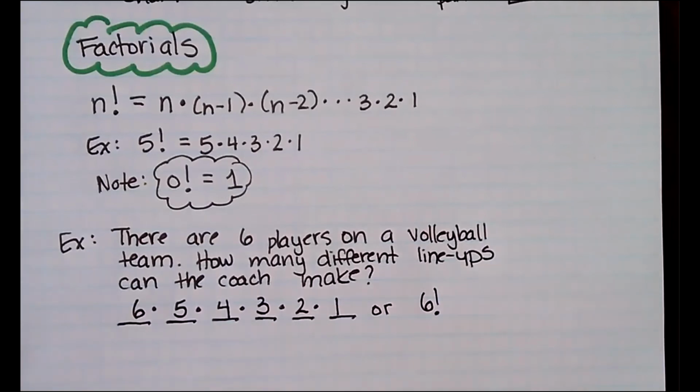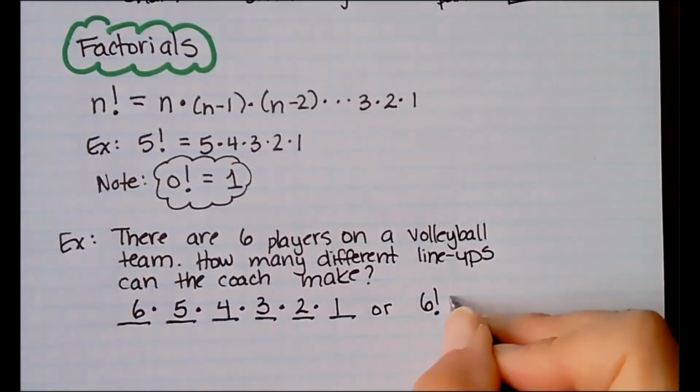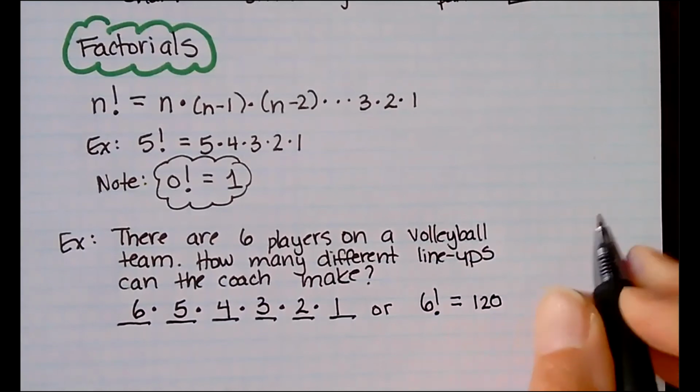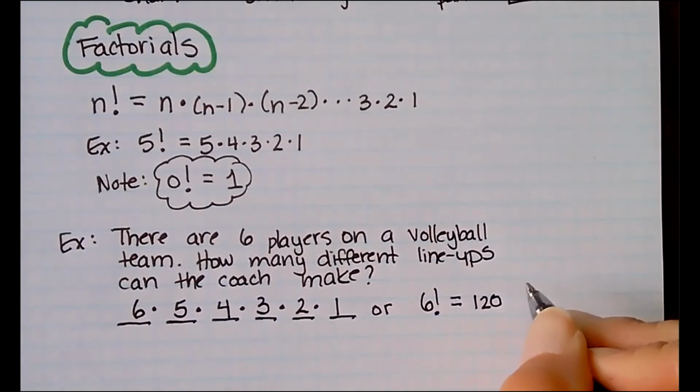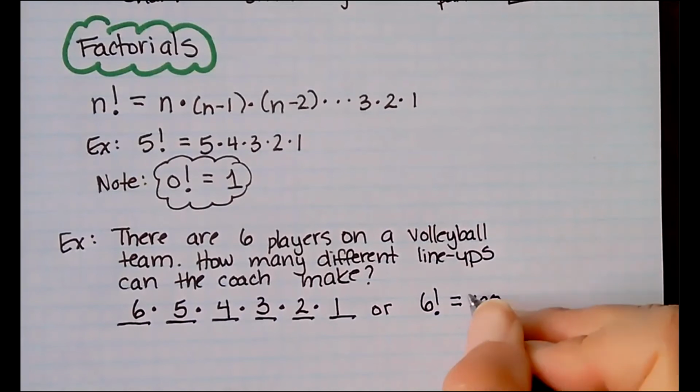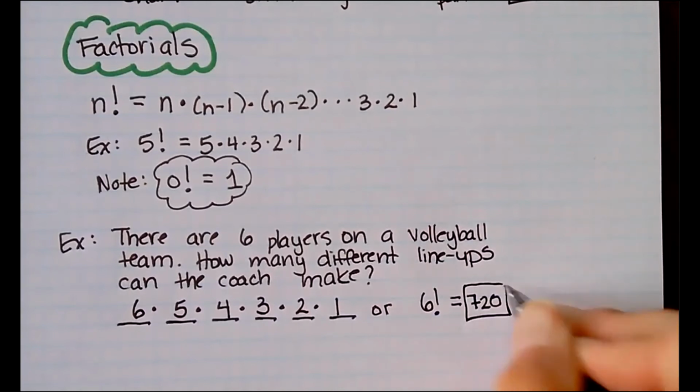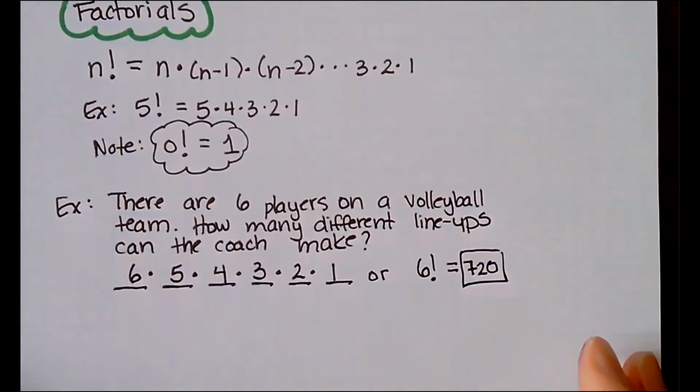And when we put that in our calculator, 6 factorial is equal to 720. So 720 different lineups.